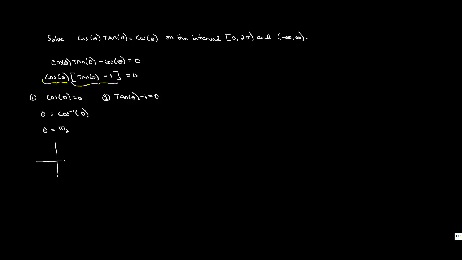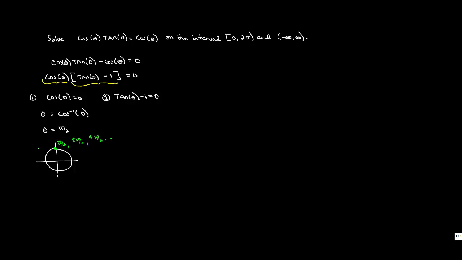So if I go ahead and draw this out, cosine is 0 right here at pi over 2, but it's also 0 at pi over 2 plus 2 pi, right? So pi over 2, 3 pi over 2, 5 pi over 2, plus another 2 pi, which would be 9 pi over 2, so on and so forth.